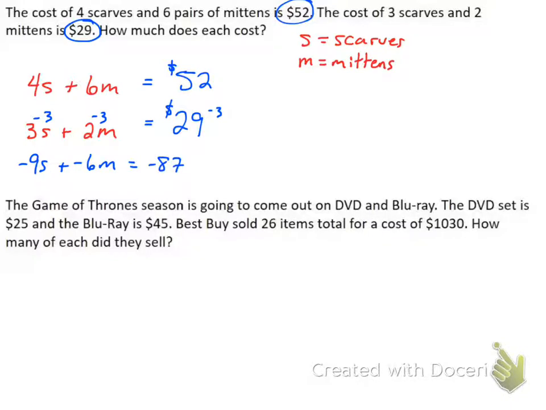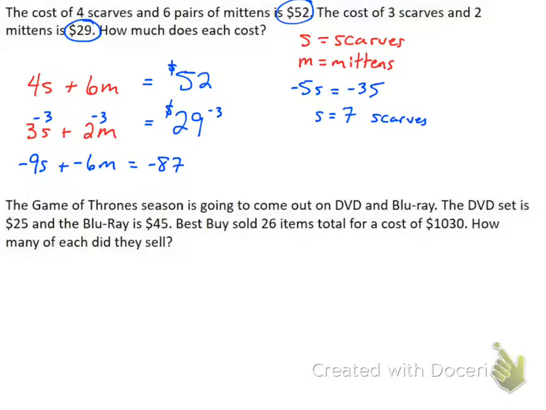I could then add my columns together. My m's would cancel out. I'll be left with -5s is equal to, let's see, that would be -35. So S would be equal to 7, so 7 scarves.